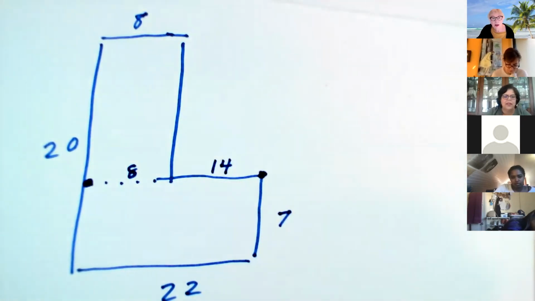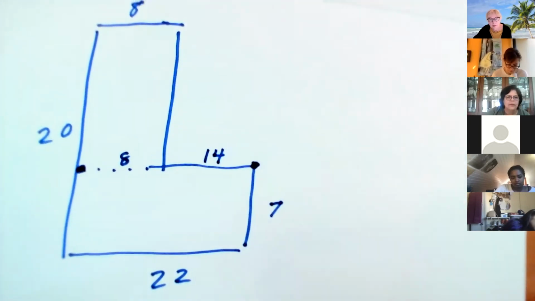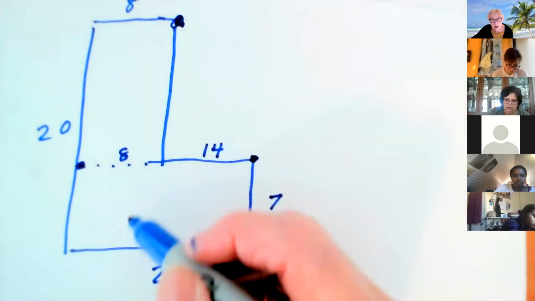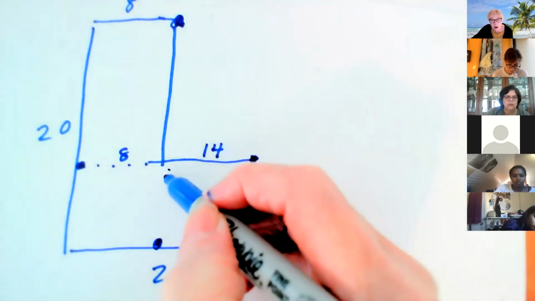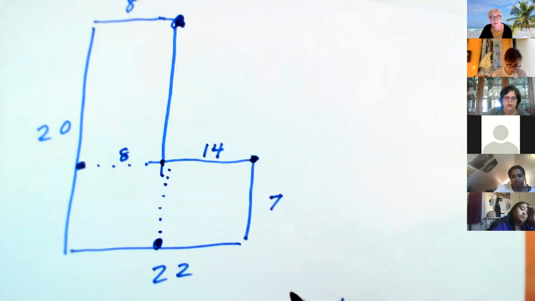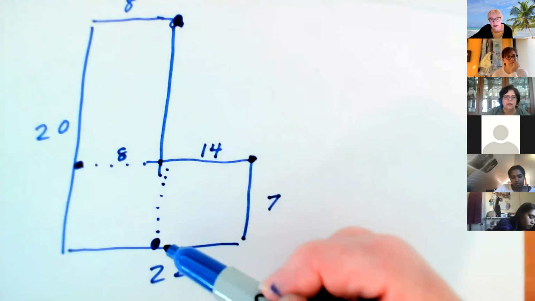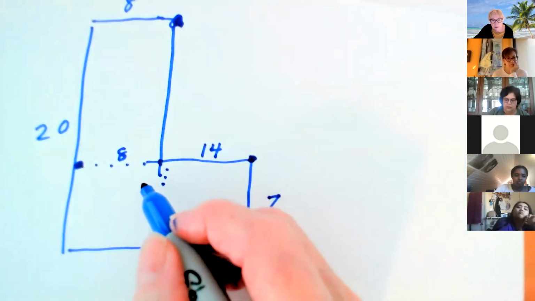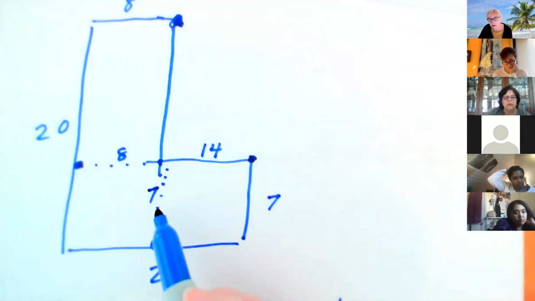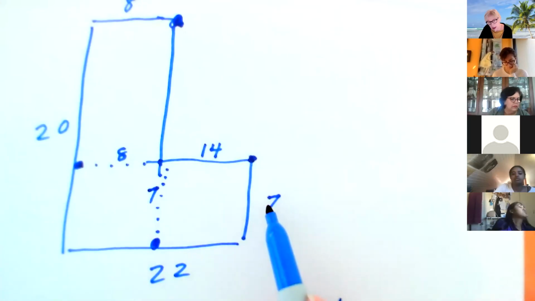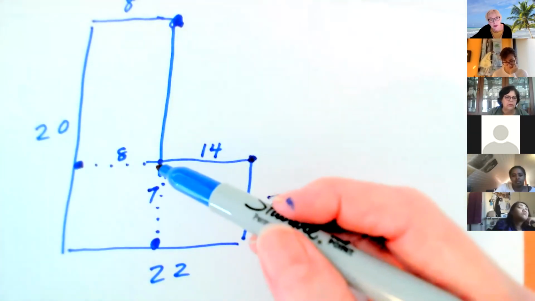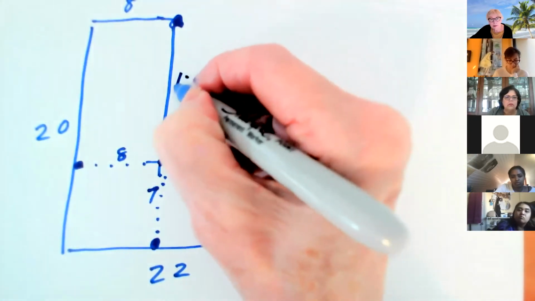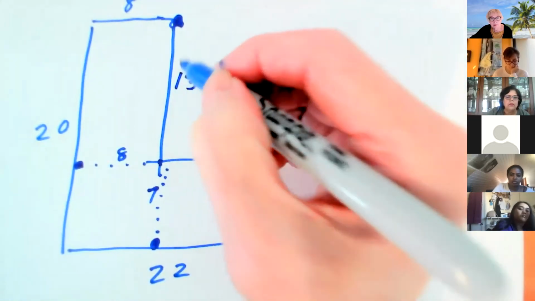Okay, we're going to do the same exact thing this way. If this is 20, then from here to here is also 20. Right? From there to there would be 20, just like on the other side. Now, this much is 7 because it's a match of that. So if the whole thing is 20 and this piece that's not included is 7, what does that make this piece? 13.